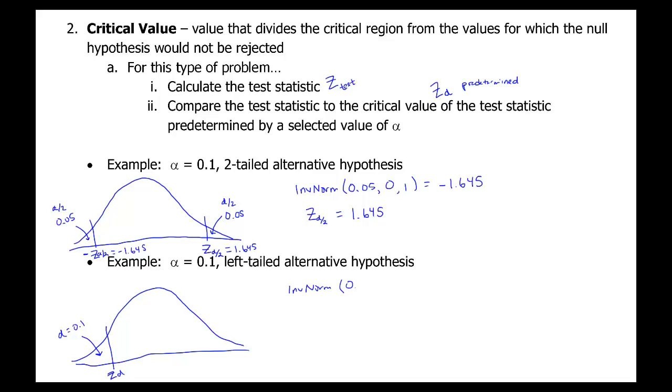So the area to the left is 0.1. Z has a mean of 0 and standard deviation of 1. And the z-score down on this axis, let's make it negative, is negative 1.28. That would be your critical value of z that you could use to compare to your test z to make a decision.